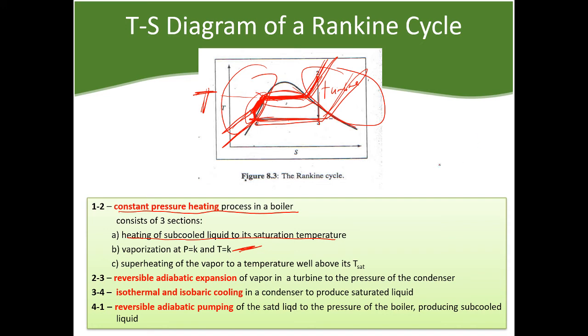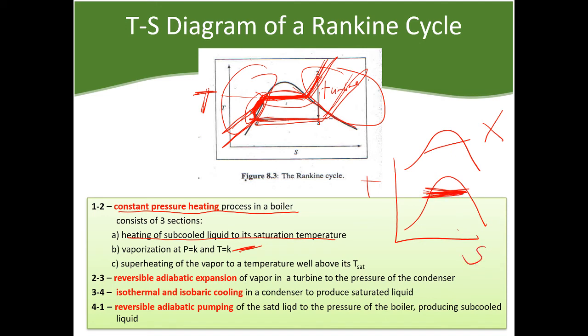Wala siyang choice. Hindi pwede mag-slant yan. Mali. Lagi pag nasa loob ka ng saturated curve, straight line ka lang sa TS diagram. Kasi, it happens at one temperature, phase change, and at one pressure. Kaya yung isobar natin, pagdating sa loob ng saturated curve, nagiging straight horizontal line siya.